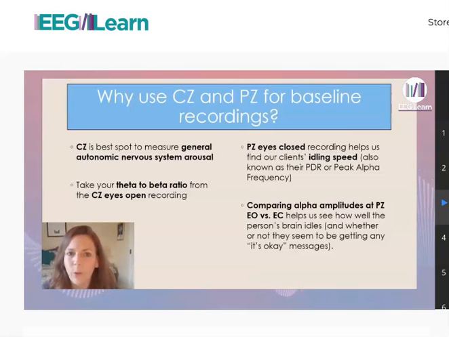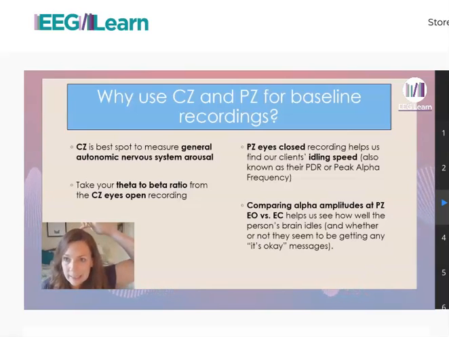Just as a review, if you remember from biology class, the autonomic nervous system is made up of your parasympathetic and sympathetic branches. So the sympathetic branch of your autonomic nervous system is concerned with fight, flight, or freeze, and your parasympathetic is rest and digest.